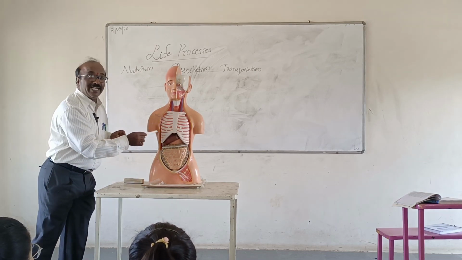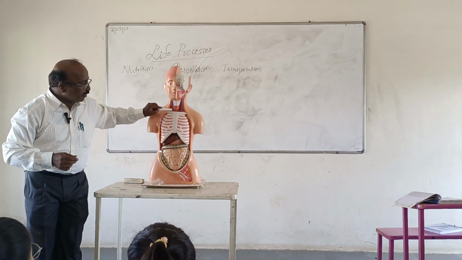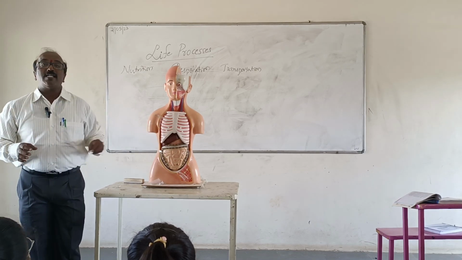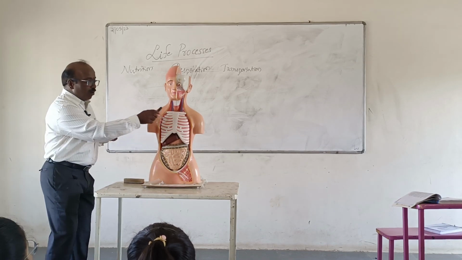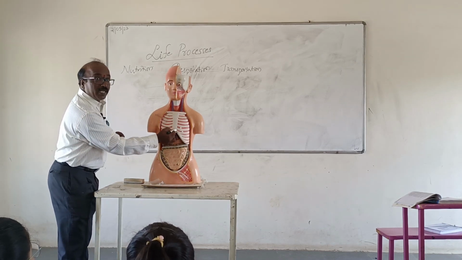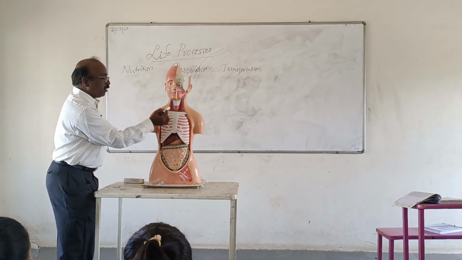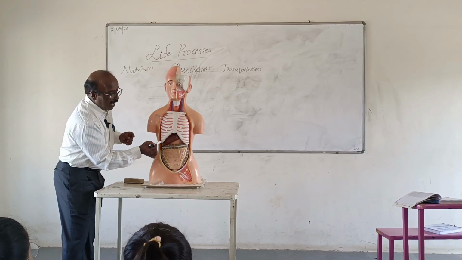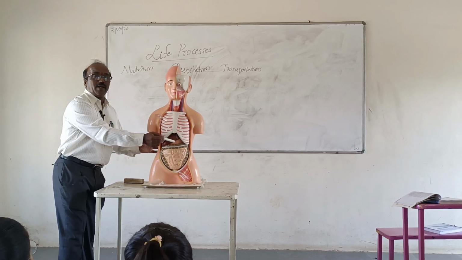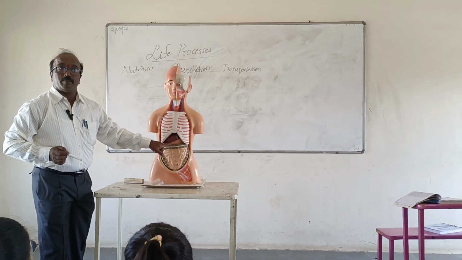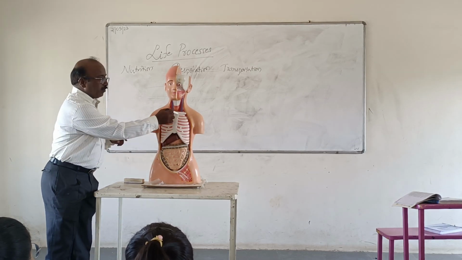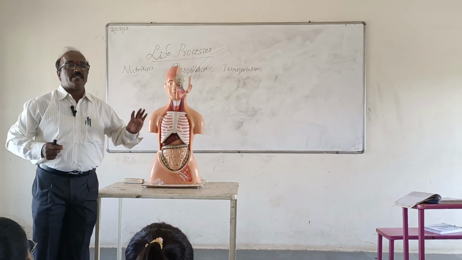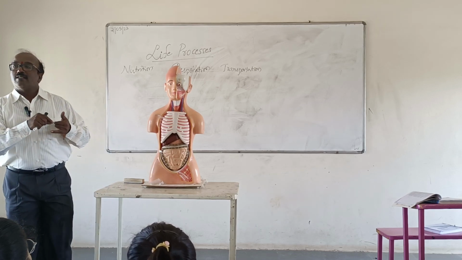In this rib cage, the last two pairs are floating ribs. Two bones are connected only to the backbone, they are not connected to the breastbone here. Now this is the breastbone. The function of the rib cage is to protect soft internal organs like the lungs and heart.